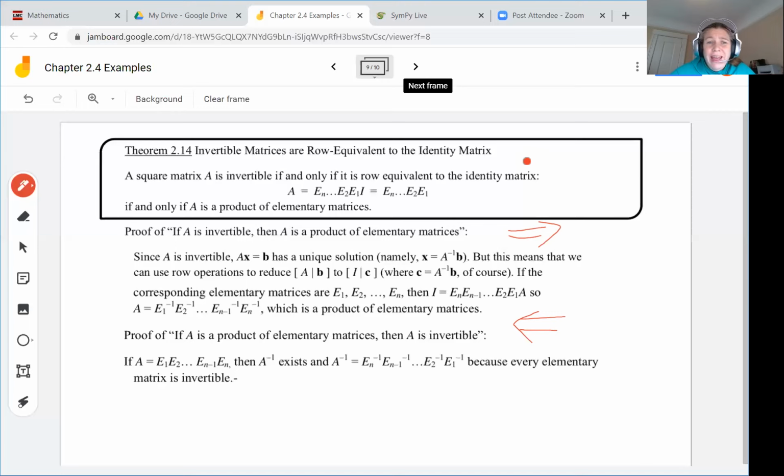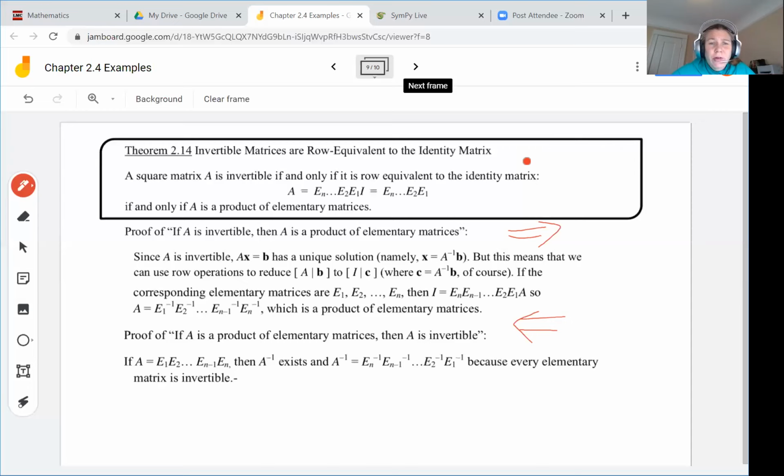So since A is invertible, we know back from Theorem 2.11 in section 2.3 that AX equals B has a unique solution, and we showed that that could be written as X equals A inverse times B. So this means that we can use row operations to reduce A augmented with B to the identity matrix augmented with C, where C is A inverse times B.